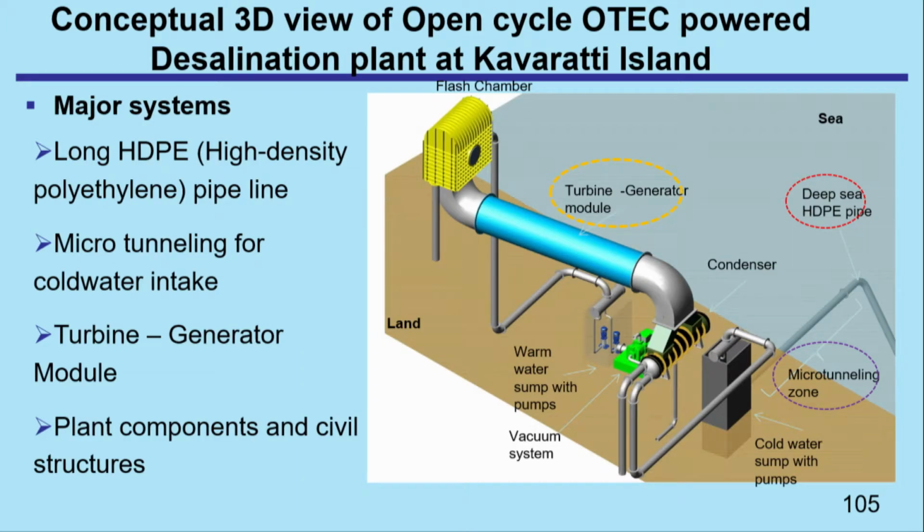And you can see this is the conceptual 3D view of the plant which is to be set up at Kavaratti Island, and we have to have a micro tunneling that is to be done in order to take deep sea cold water. This is going to be done for the first time in this part of India.